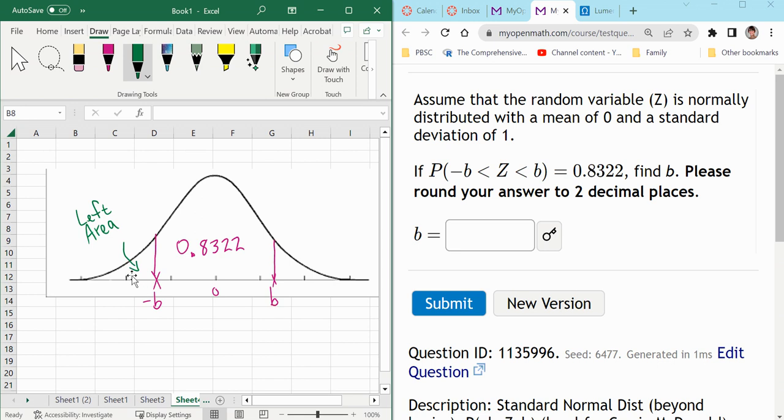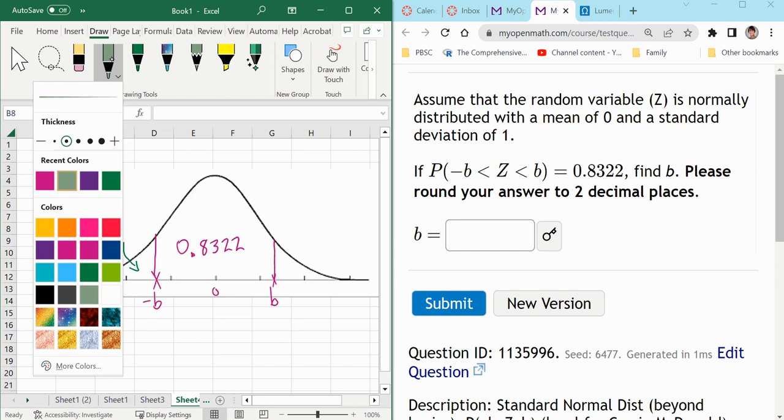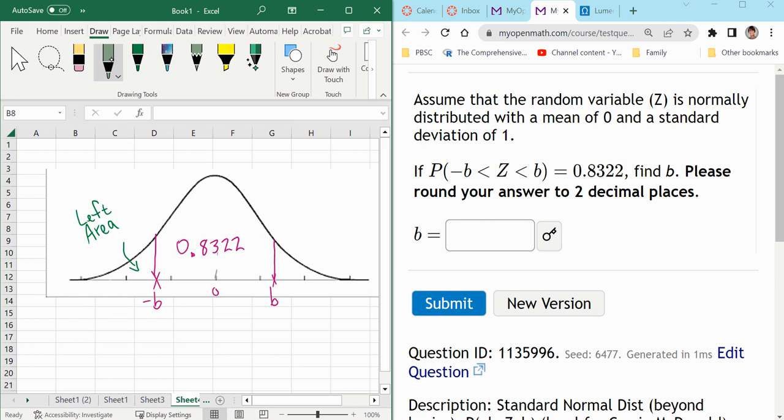So how do we find this left tail area here? Well, we use our knowledge of the entire area under the curve being 1, combined with our knowledge that the normal distribution is perfectly symmetric across the mean, meaning that if you divide the bell curve in half right through where the mean is, there is exactly the same area on both sides. It's symmetric everywhere.